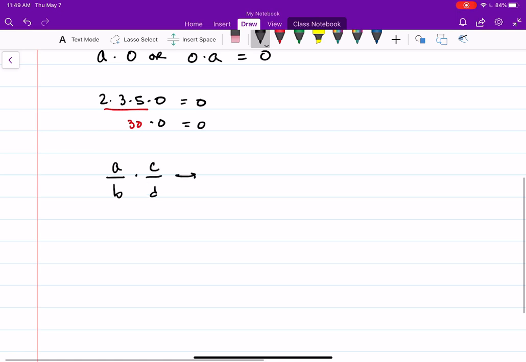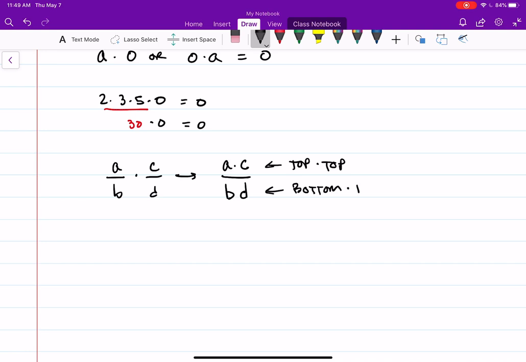What you would actually do is multiply the top with the top and the bottom with the bottom. Top times top, bottom times bottom, or numerator times numerator and denominator times denominator, and keep that fraction.